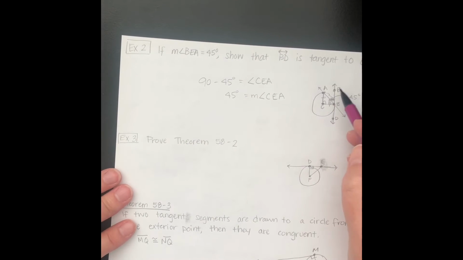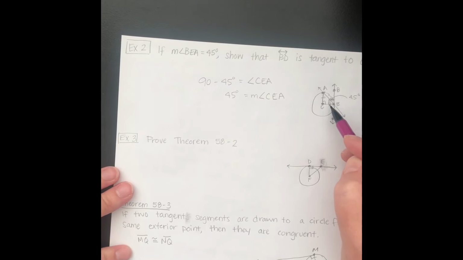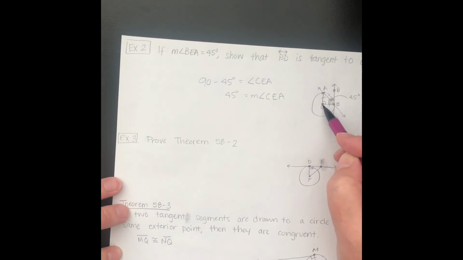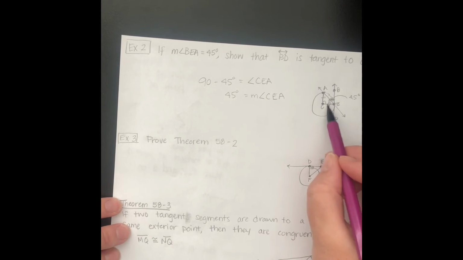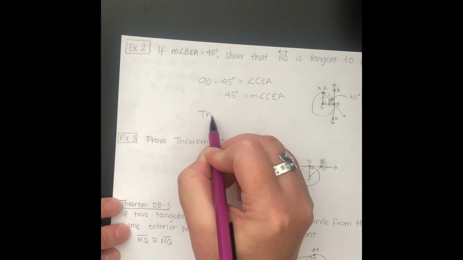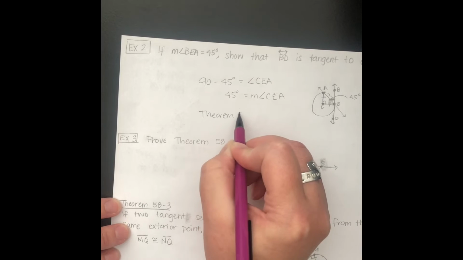So we proved that BD is tangent to circle C, meaning it only touches circle C at one point. And we did that because we found out that this line is perpendicular to the radius. Okay, so we used theorem 58-2.